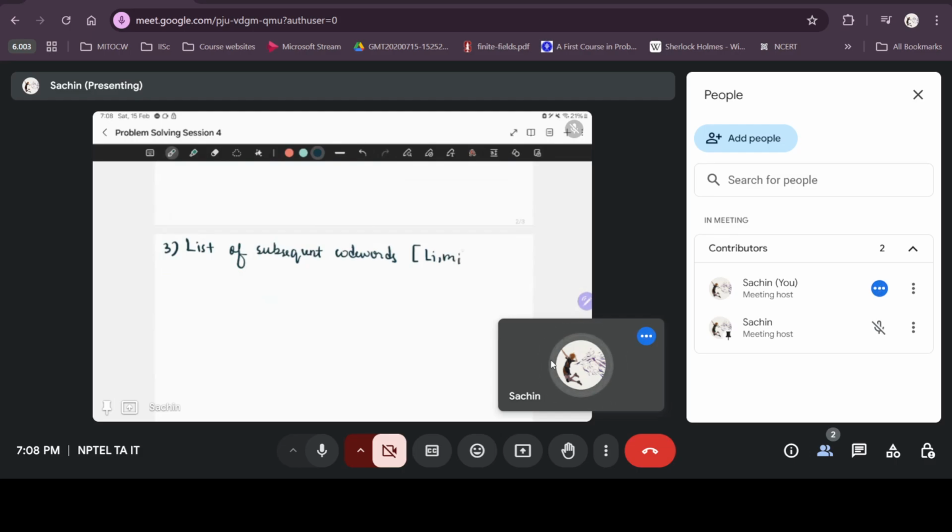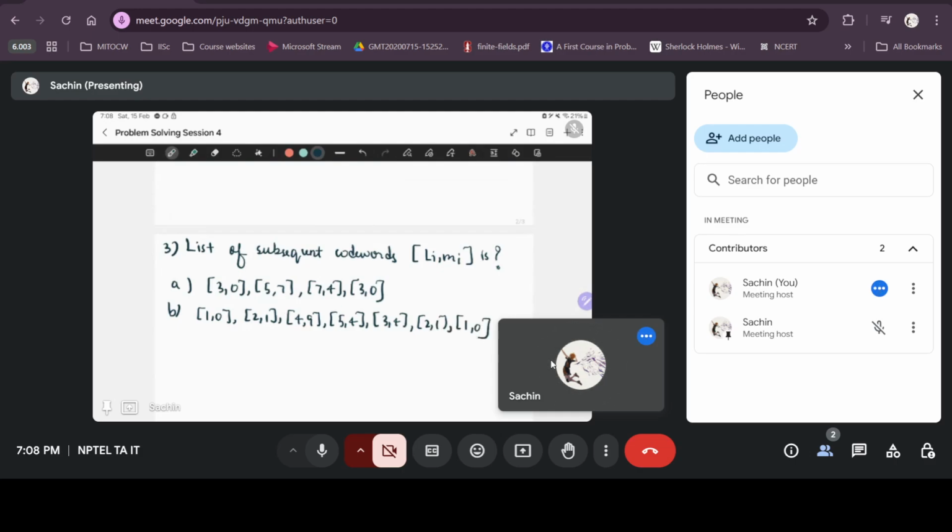The options are: 30577430. Option B is 10214954342110.